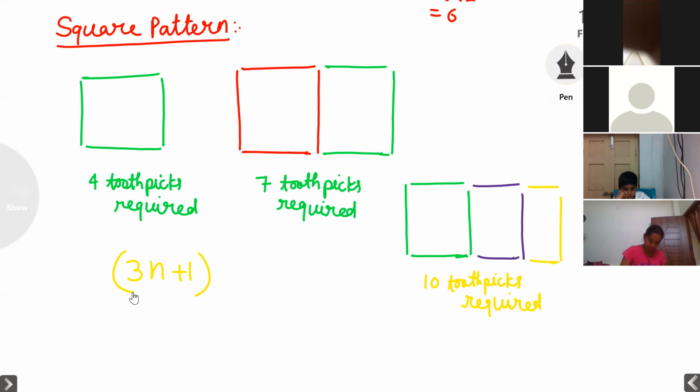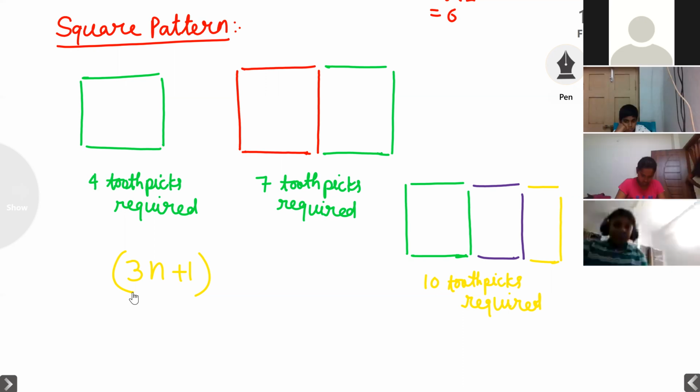Next, note down the square pattern. If I want to draw 1 square, how many toothpicks are required? 4 toothpicks are required. It means the value of n is 1 because I want to draw 1 square.